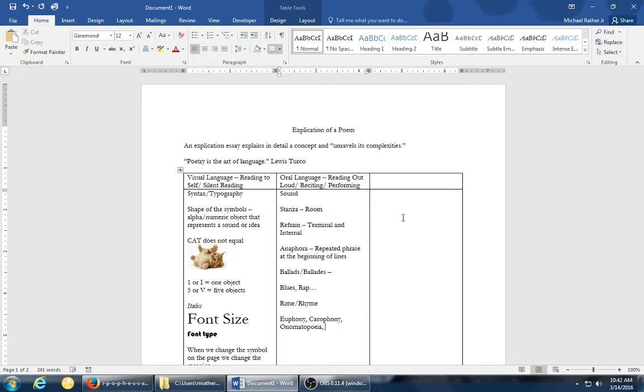And why they might be using these things. So it's not enough to just identify them and say they're using them, but why are they using them? What is the benefit of using them? How does it change the way we interpret the poem itself?